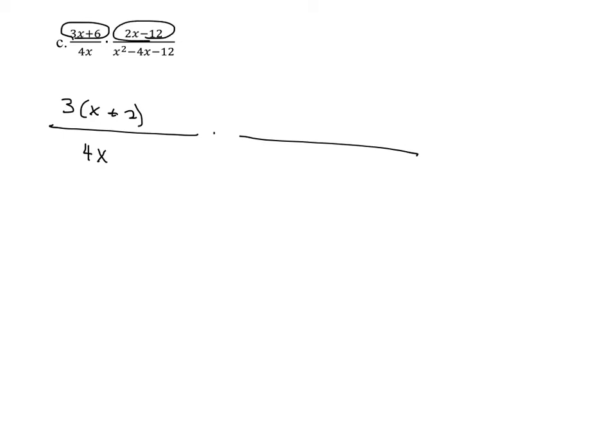Same thing here. Just factor your brains out. This first one right here, take out a 3. You get an x plus 2. 4x can't do anything. How about this one over here? I'm going to take out a 2, and I'm left with x minus 6.